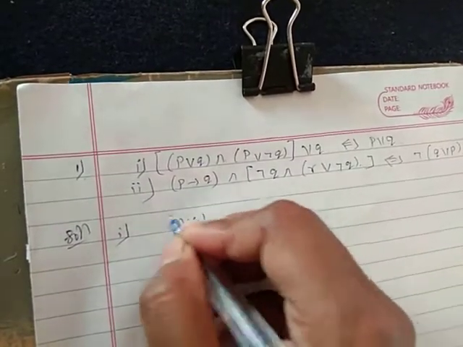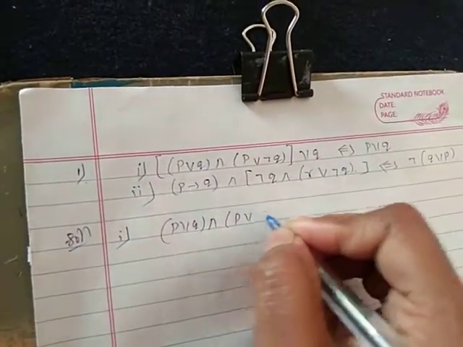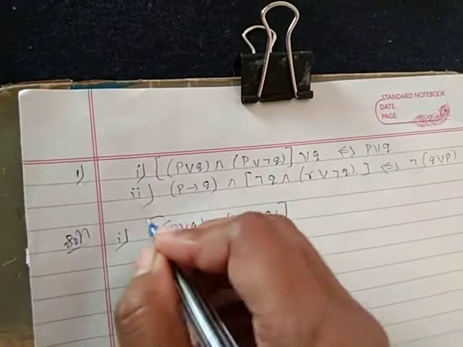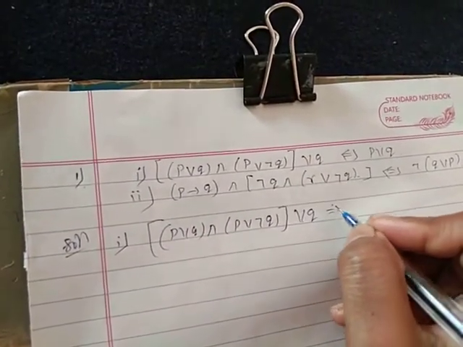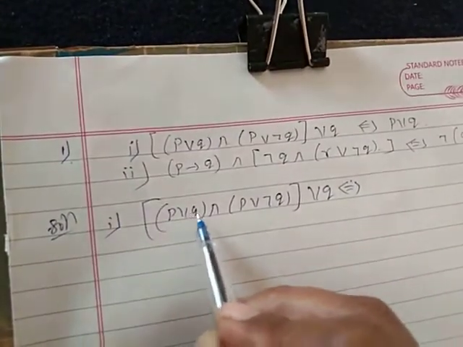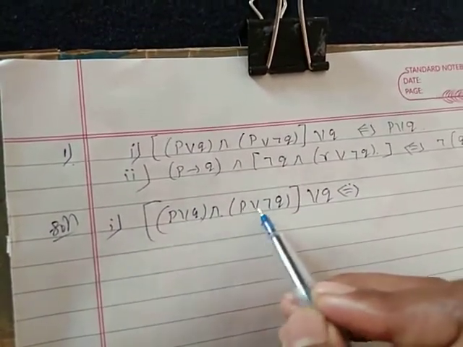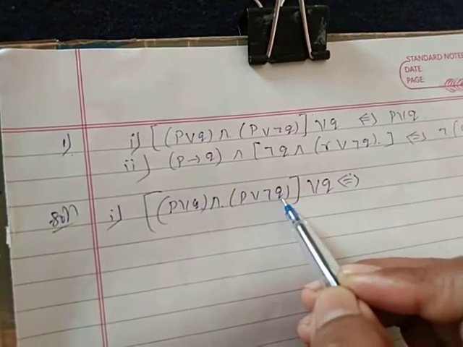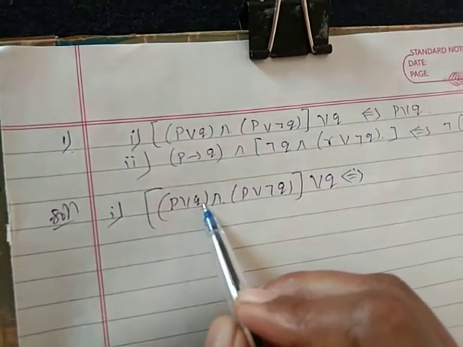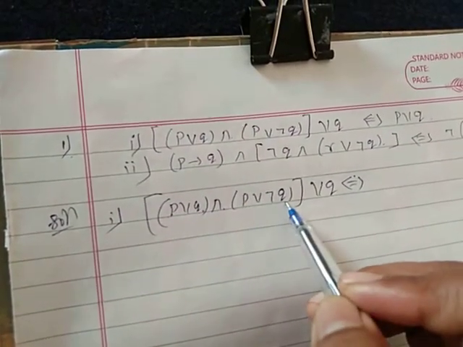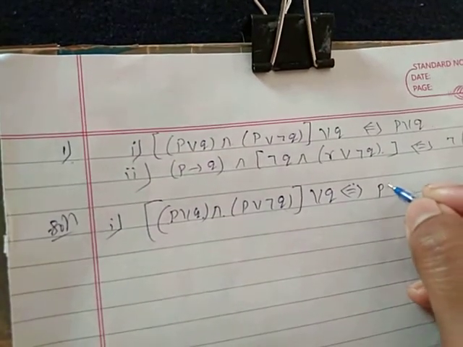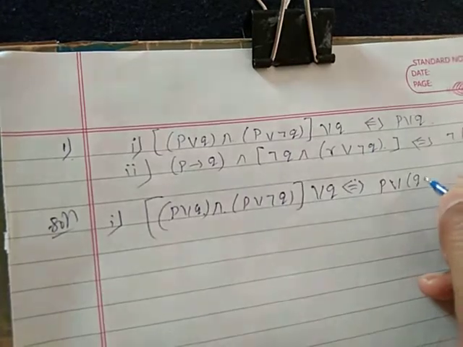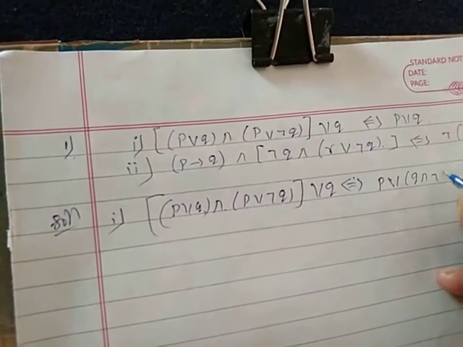(P or Q) and (P or negation of Q) is of the form (P or Q) and (P or R), which is equivalent to P or (Q and R).